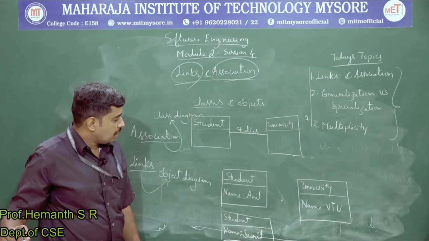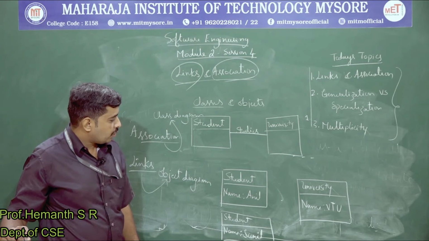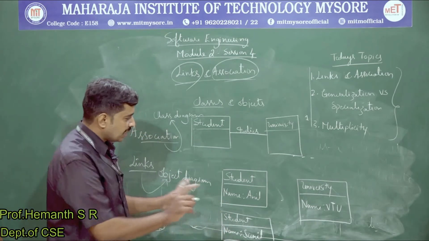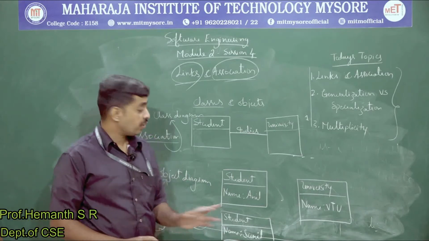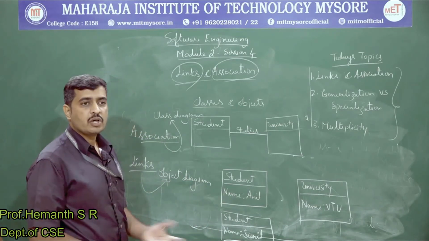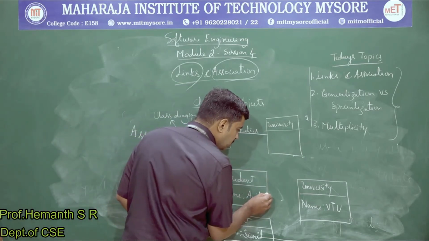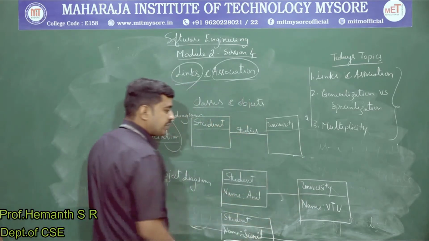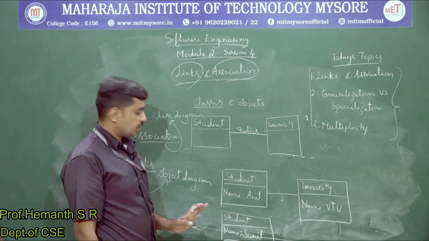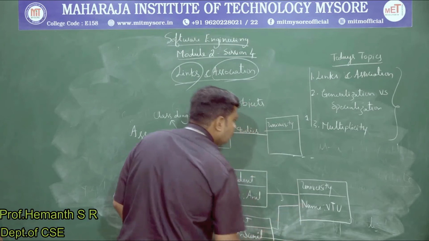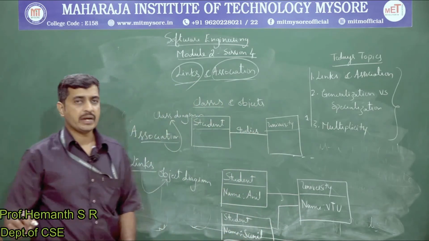Now the fundamental essence here is how the objects are related. That should be represented, and we are using links to represent it. So how can it be done? I will draw a line between the Anil object and the VTU object, and a line between the Sunil object and VTU. What does it indicate?